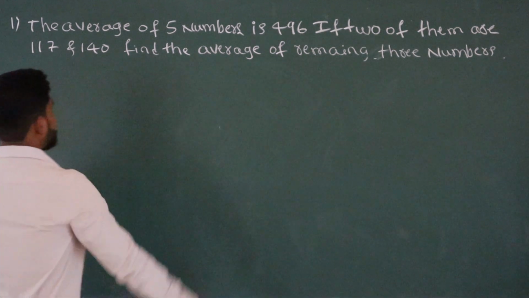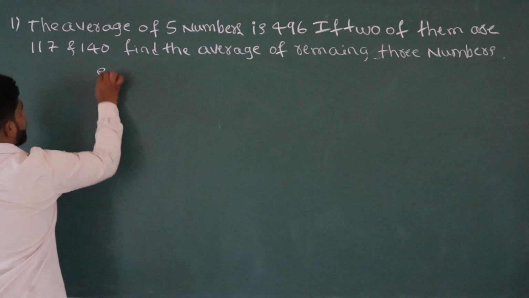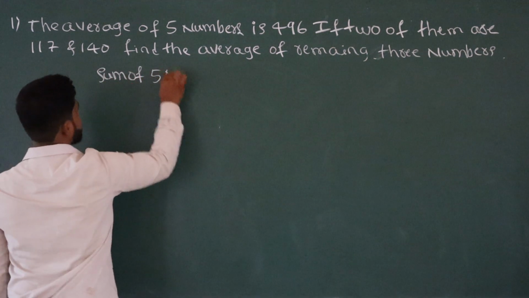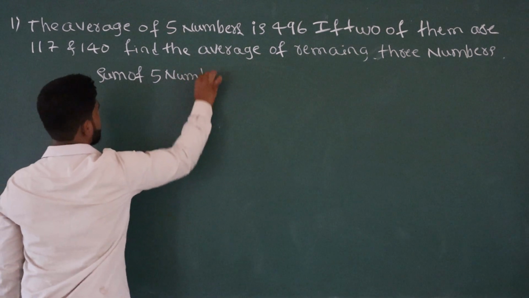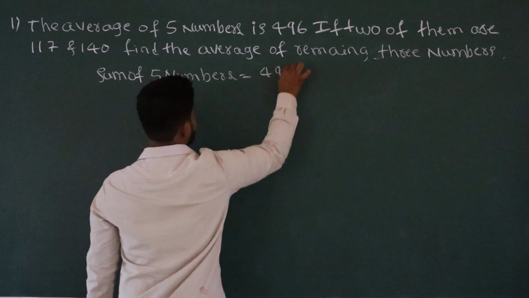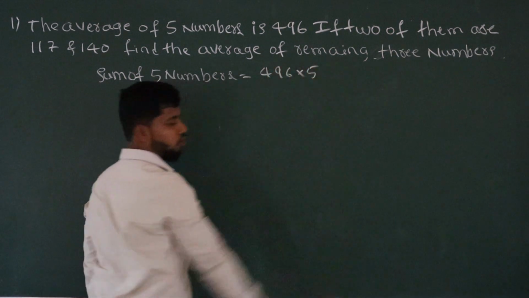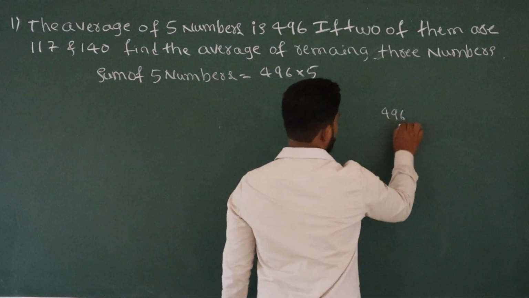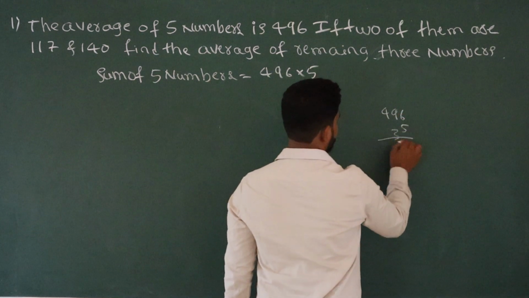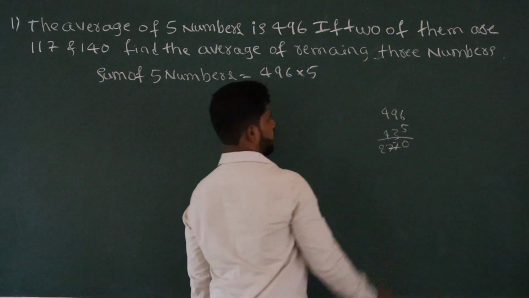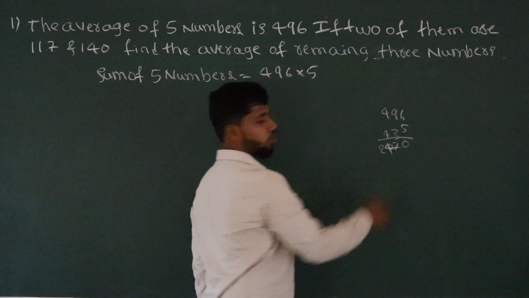Now, the sum of the 5 numbers is equal to 496 into 5. How much are you getting here? 2470.